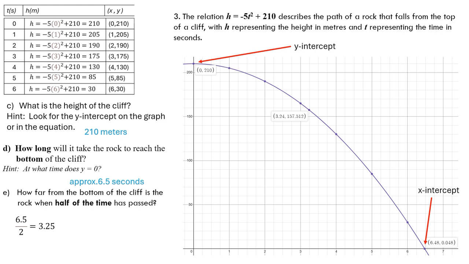So now all we need to do is travel along the x-axis 3.25 seconds, draw a straight line up from there until we hit the graph, and then turn and head over to the y-axis, which shows us that there's a height of approximately 155 meters at the 3.25 second mark, thereby answering our last question.